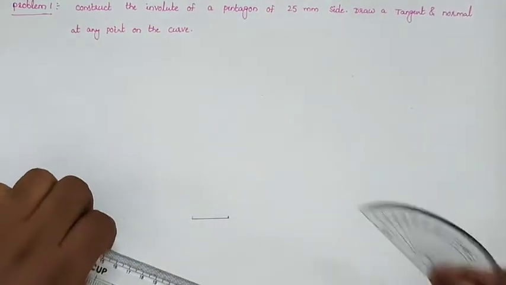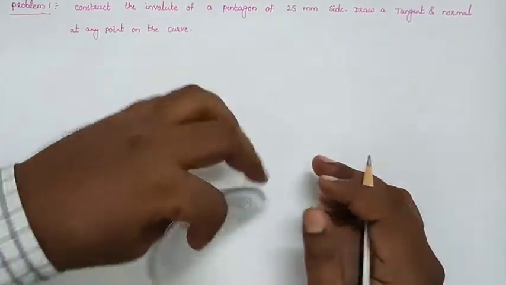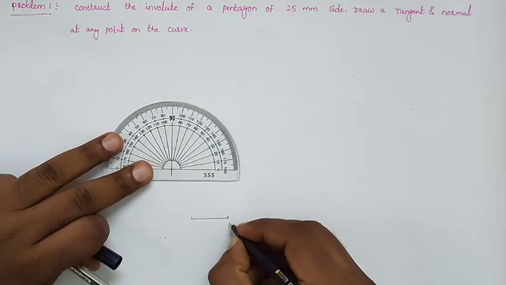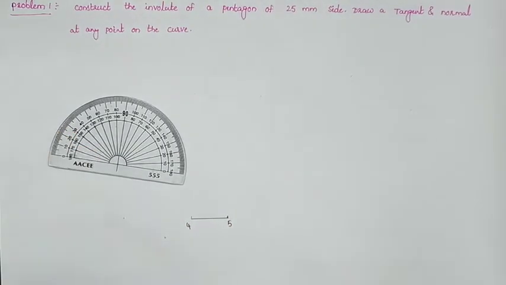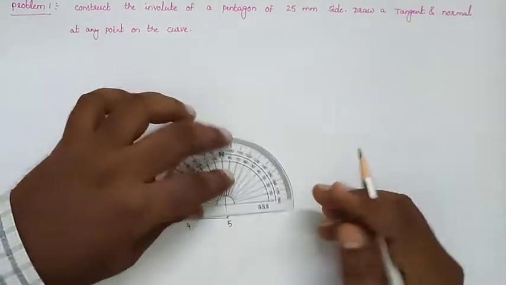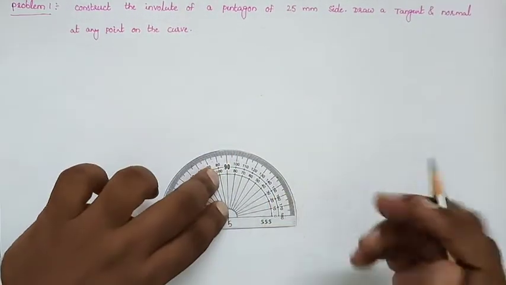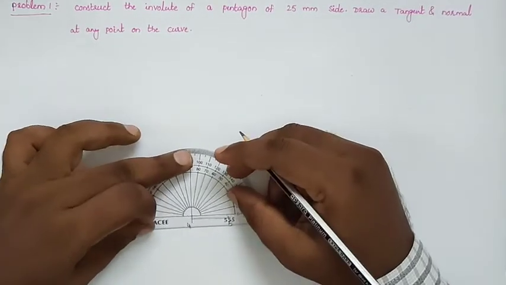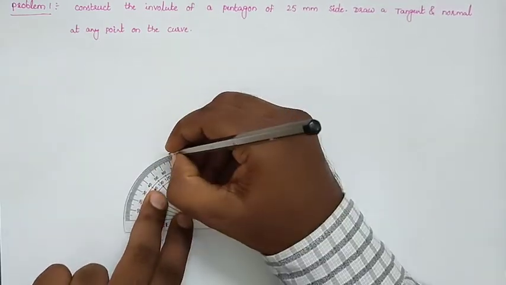Now with an angle of 72 degrees, we will construct the pentagon. First of all, I am drawing a side, 4 to 5 is one of the sides here. After constructing that side, by making an angle of 72, we follow with an angle of 72 here also.